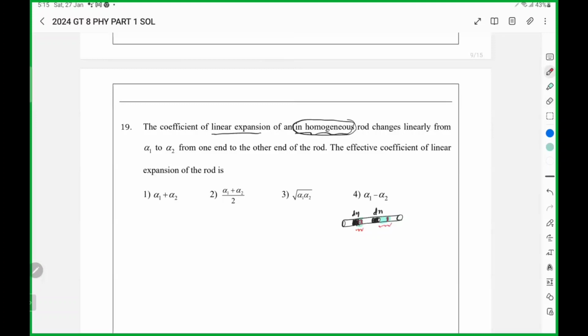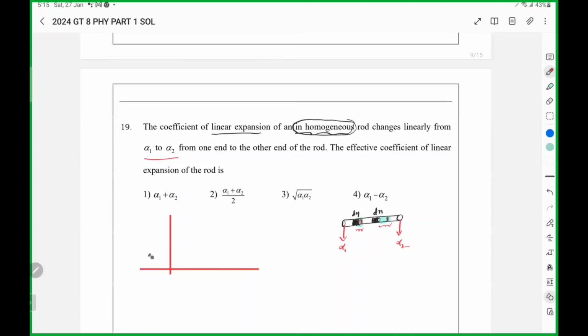So alpha keeps on changing from alpha 1 to alpha 2. So at this point expansion is alpha 2. Linear means it changes in a straight line.